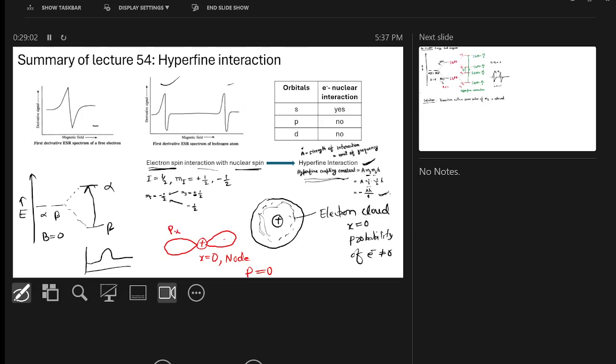This is your plus, this is your minus. So at the node, the probability of finding the electron is 0. That's why hyperfine interaction is not possible for p and d, but it's possible for s.